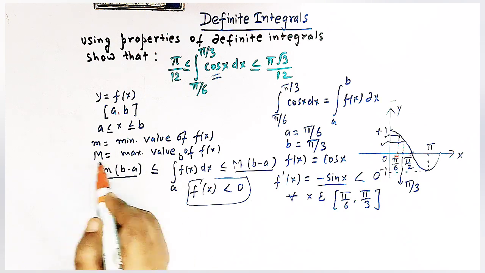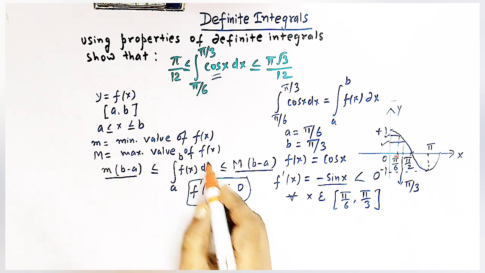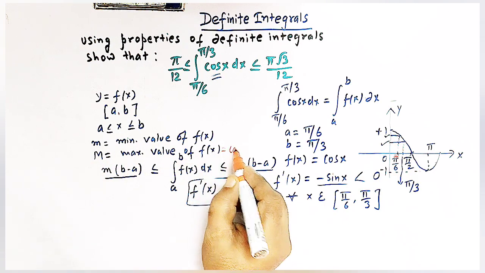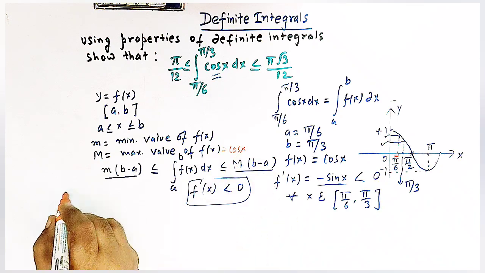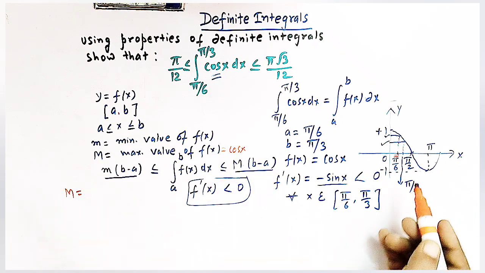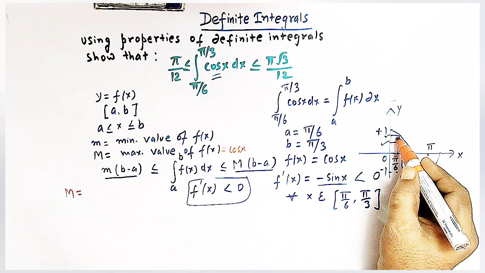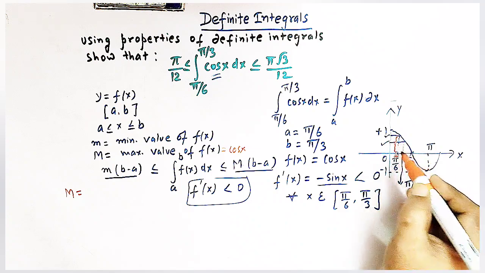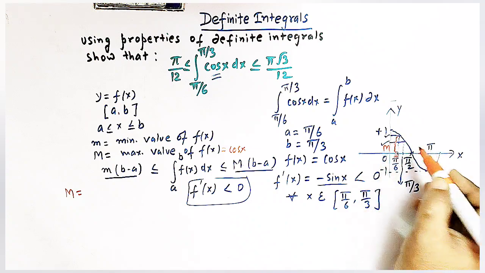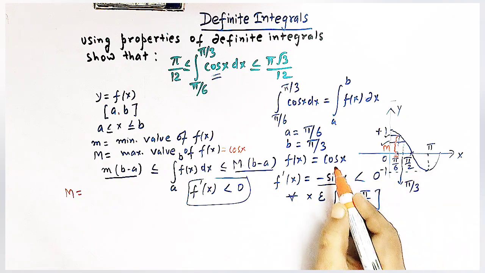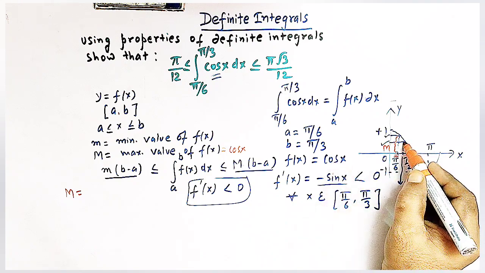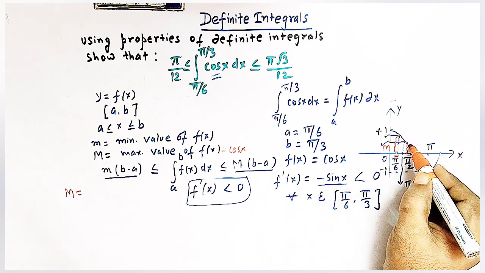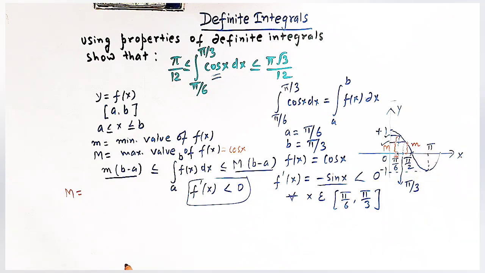So capital M is the maximum value of f of x, and f of x is cosine x, right? The maximum value occurs at this point, because this ordinate denotes capital M, and the minimum value of the cosine function is given by this ordinate, that is small m, right?